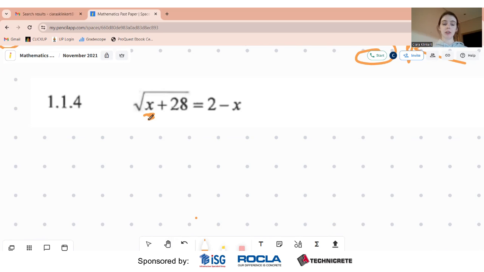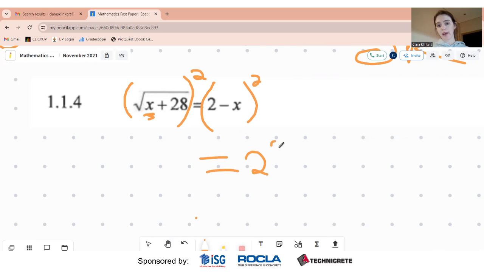What I do to the one side, I have to do to the other side. You have to square the entire right-hand side. You cannot say that this is equal to the first term squared minus the second term squared. You will get the wrong answer. You need to square the entire right-hand side.